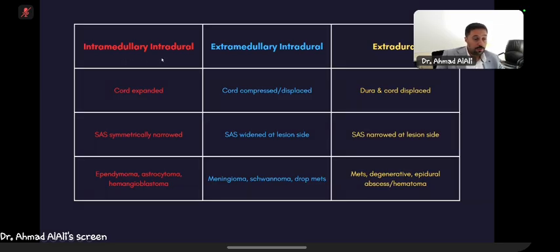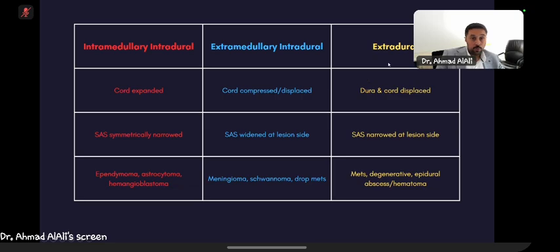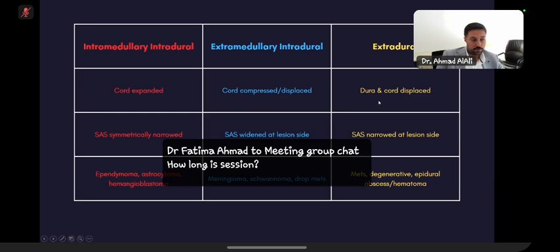So intramedullary intradural lesions tend to expand the cord because they are part of the cord, they are inside the cord, while extramedullary intradural lesions compress the cord or displace it, like the one we spotted a while ago in here. And the extradural ones are outside of the dura, so you expect them to compress and displace both dura and the cord.